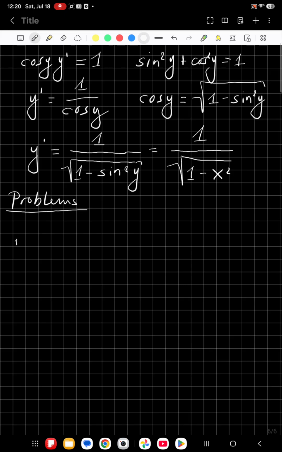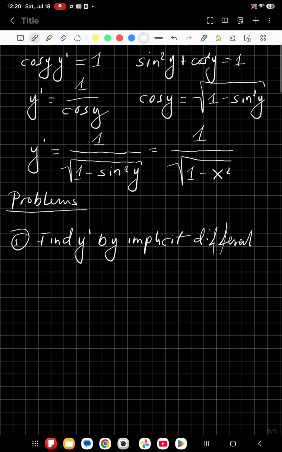The first couple of problems: find y prime, so you need to solve for dy/dx using implicit differentiation.